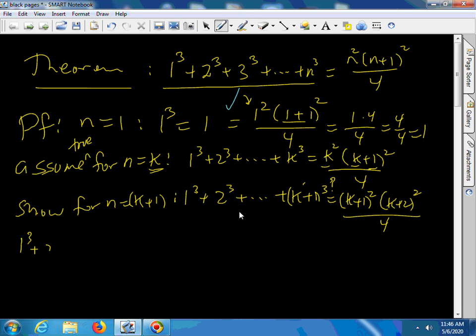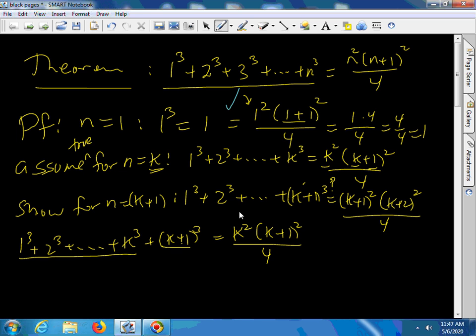So 1 cube plus 2 cube all the way up to k cube plus k plus 1 cube. Well, I know what that equals by assumption. It's k squared times k plus 1 squared over 4 plus k plus 1 cube.